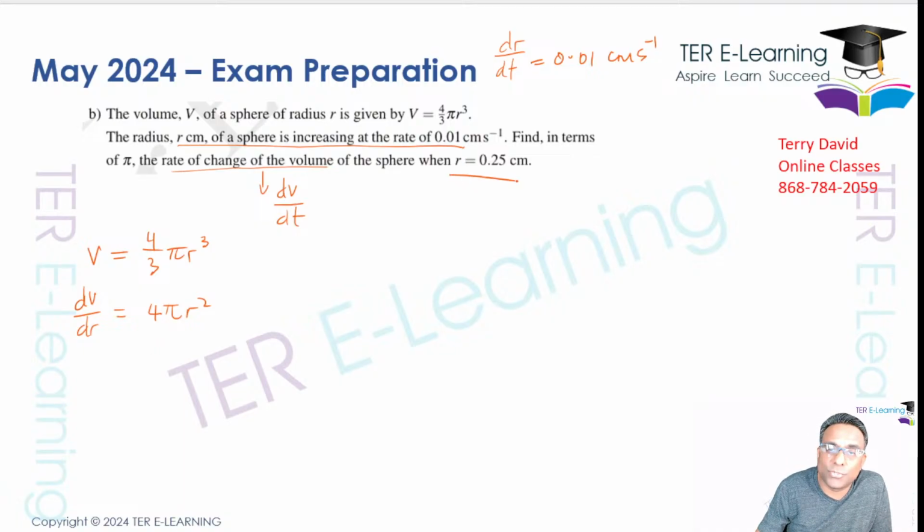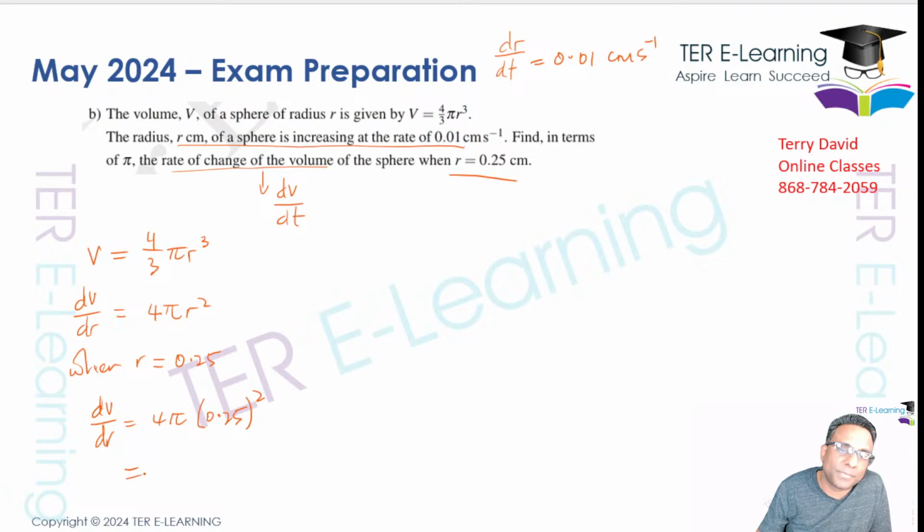Next, I'm going to plug r equals 0.25 into this. So when r is equal to 0.25, dV/dr is equal to 4 pi multiplied by 0.25 squared.